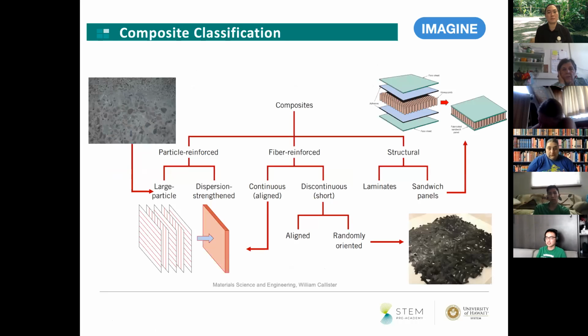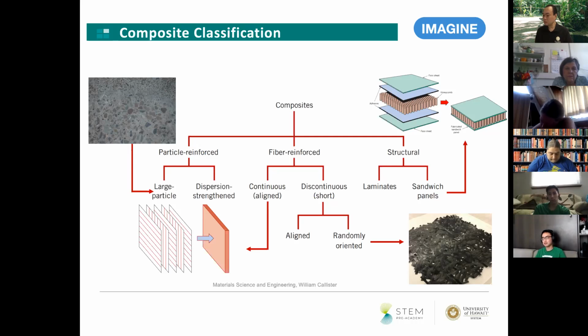Next. Here's a classification of composites. You can have particle reinforced, like cement or concrete, where there's gravel and sand inside the cement. And there are more advanced ones with carbon particles or metal particles inside plastics, which is good for manufacturing like injection molding while improving some mechanical properties.